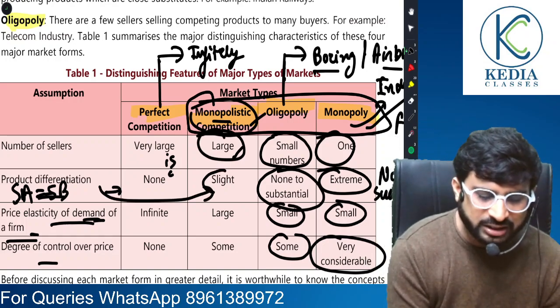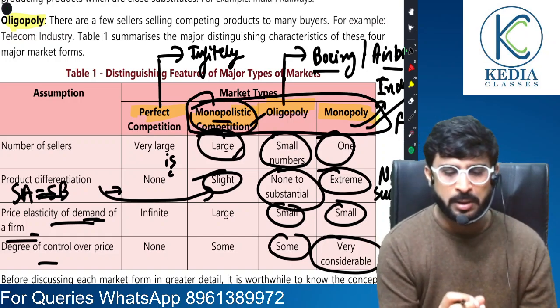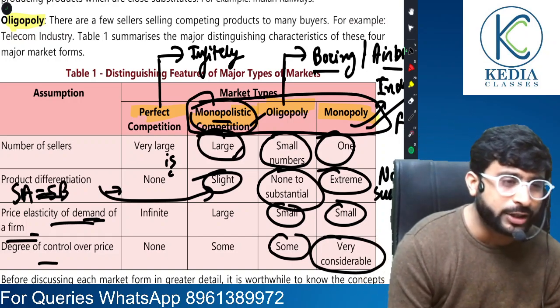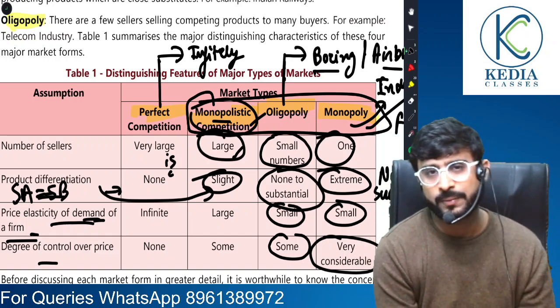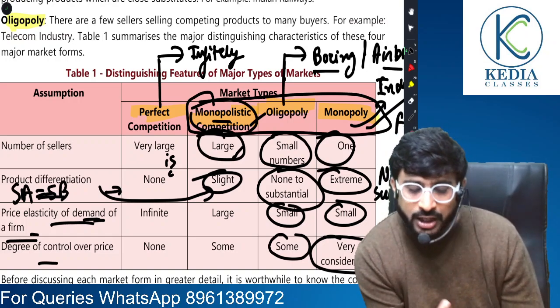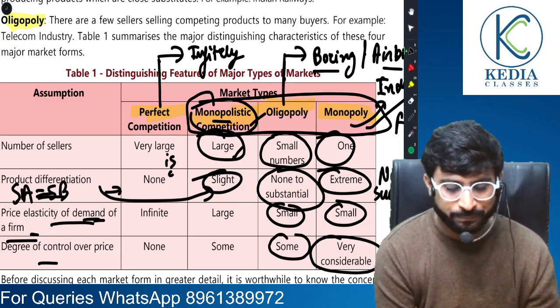Product differentiation is slight because all the shoe sellers are ultimately selling shoes. But why is there slight differentiation? Because they are trying to show that their brand is different. They are trying to show that their product is better. Their color options are different. The feel of their product is different. So some kind of differentiation they are trying to bring in.